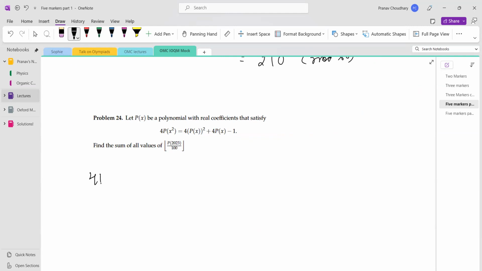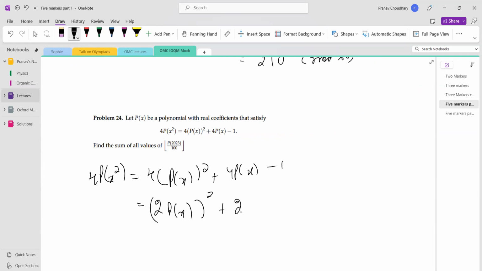So we have 4P of x squared equals 4P of x whole squared plus 4P of x minus 1. I can write this as 2P of x whole squared plus 2 times 2P of x plus 1 minus 1.